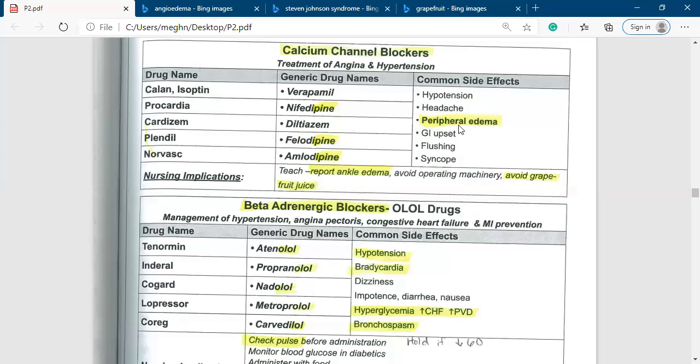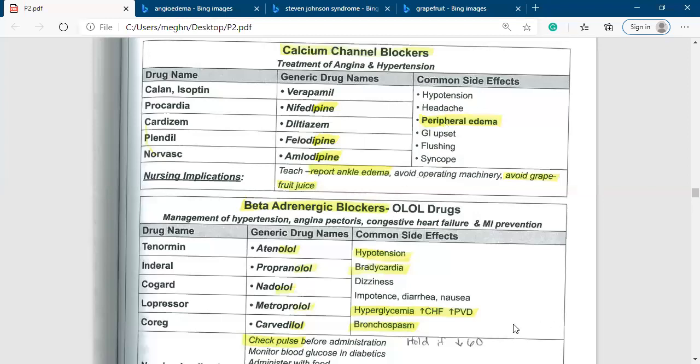Both ask this question. Peripheral edema. They cause GI upset or flushing, or they cause syncope attack. Flushing means increased blood supply to the cutaneous area of the face. They develop peripheral edema as well.